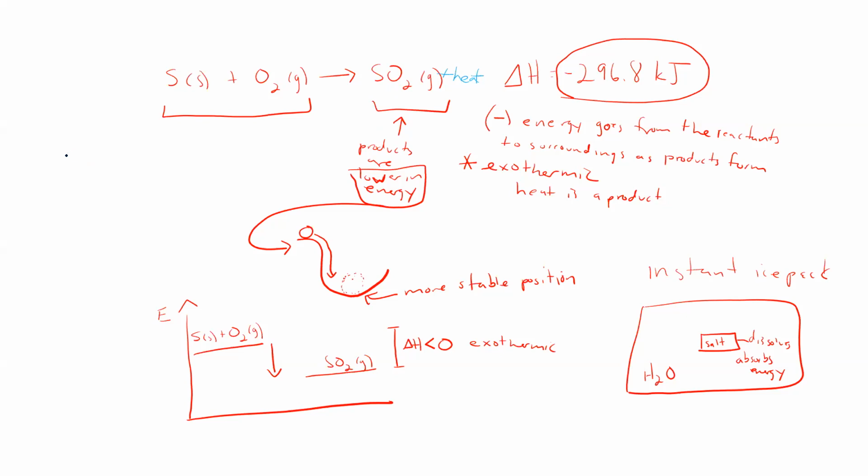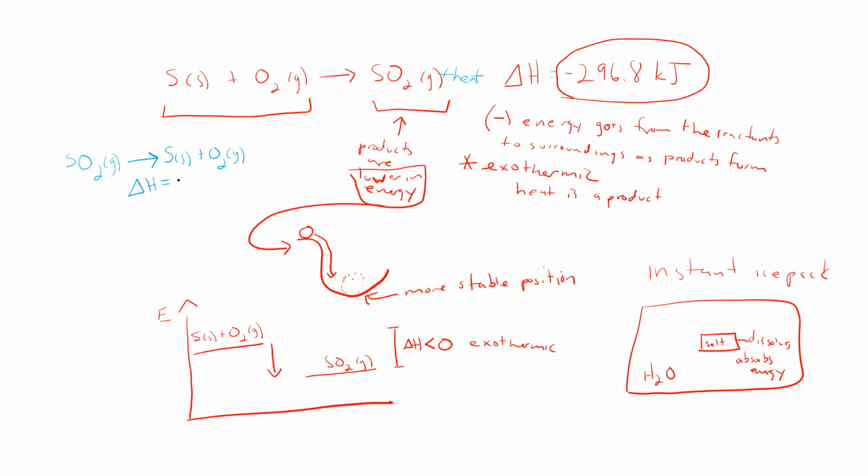You could take SO2 and split it, reversing this reaction to form sulfur solid plus oxygen gas. Then you would have to change the delta H, and it would be the same magnitude but opposite in sign.